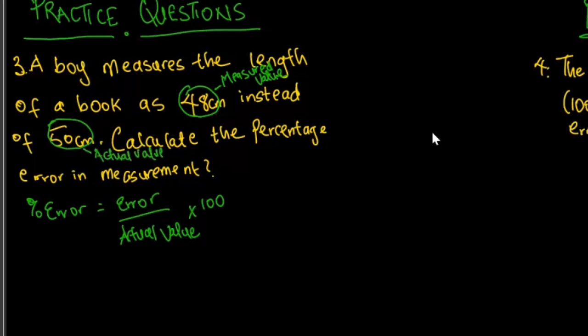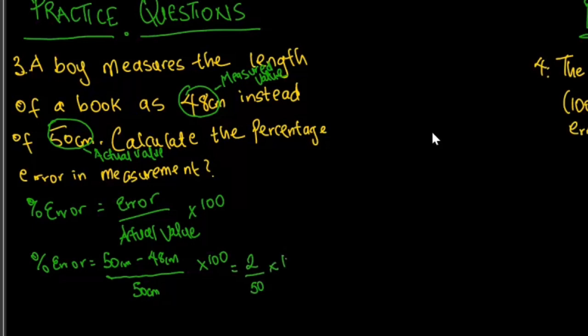So the error is simple, so we can calculate now. The percentage error is going to be the error, which is simply 50 centimeters minus 48 centimeters, over the actual value, which is 50, because the true length of the book is 50, times 100. So 50 minus 48 is equal to 2, over 50 times 100.